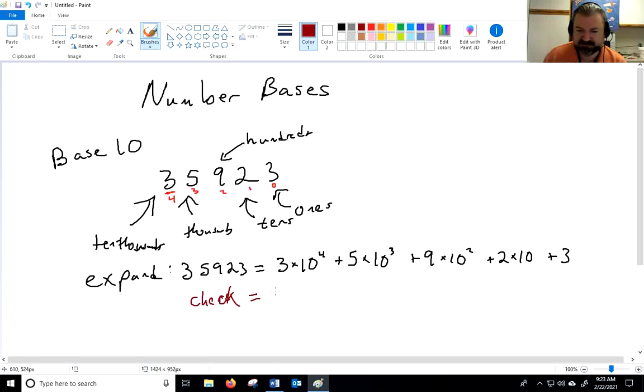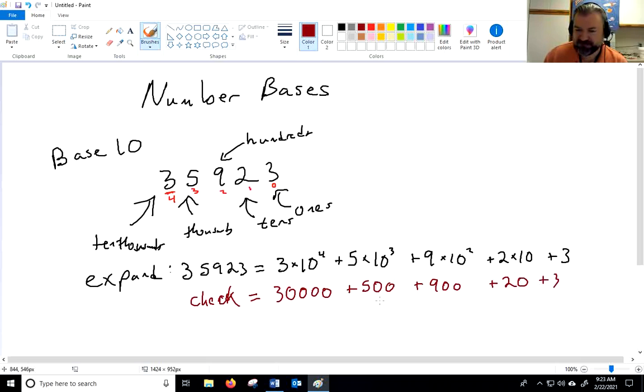We've completed that problem. When you multiply by a power of 10, you just add how many zeros there are. So 10 to the 4th power is a 1 with 4 zeros. So when I multiply it by 3, I get a 3 followed by 4 zeros. Then a 5 followed by 3 zeros. Then a 9 followed by 2 zeros. And then a 2 followed by 1 zero.